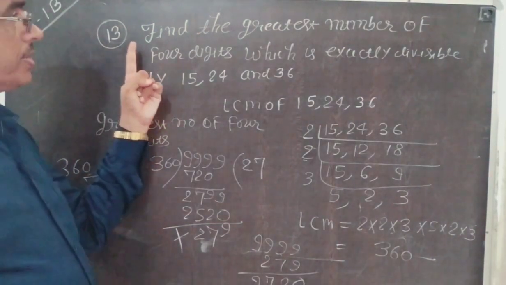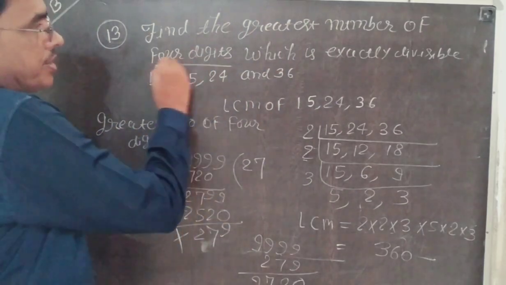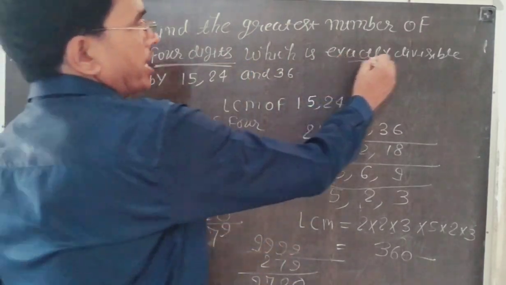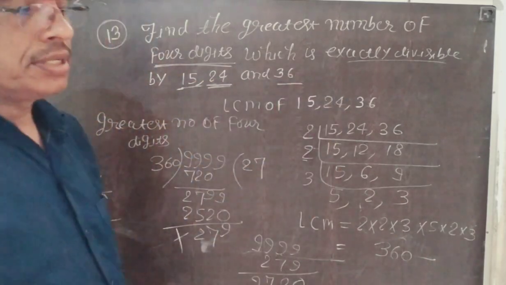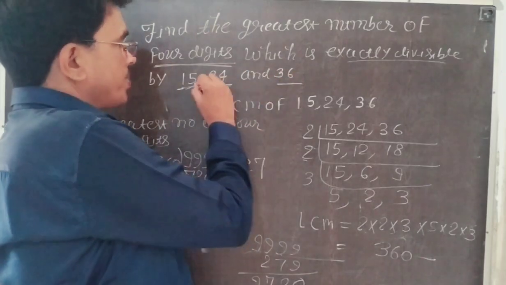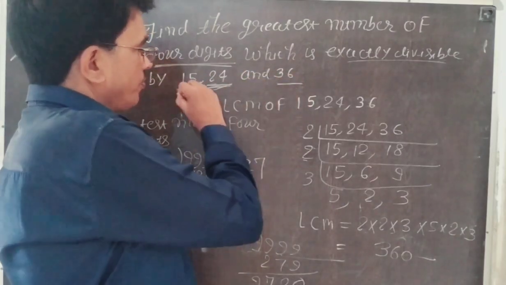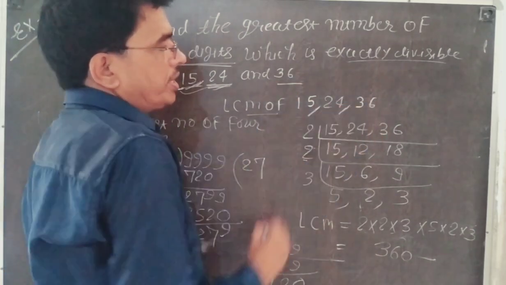Now question number 13: find the greatest number of 4 digits which is exactly divisible by 15, 24 and 36. First find what number is divisible by 15, 24 and 36. So first find the LCM of these three numbers, 15, 24 and 36.